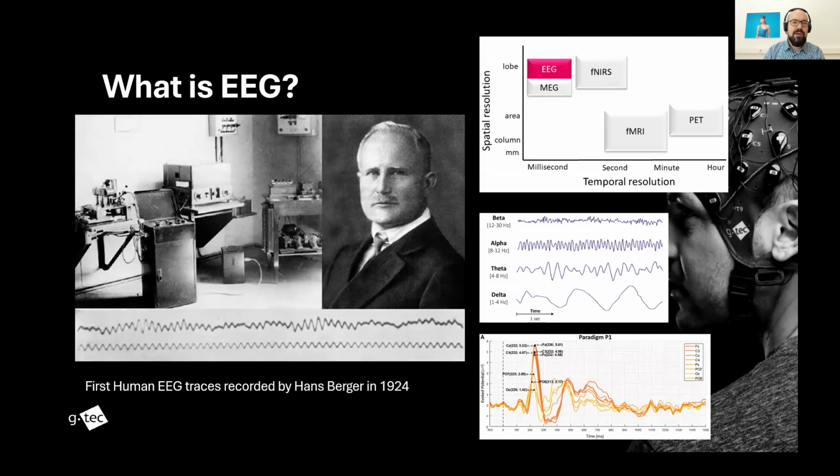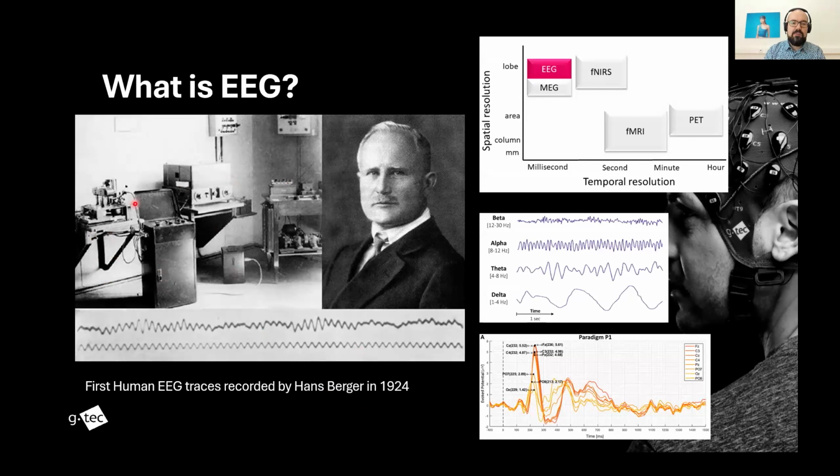So just to start, what is actually EEG? Here on the screen you can see the first human EEG traces recorded by Hans Berger 100 years ago. As you can see, he had very big devices with 1 or 2 electrodes, which were able to detect the first EEG recordings.